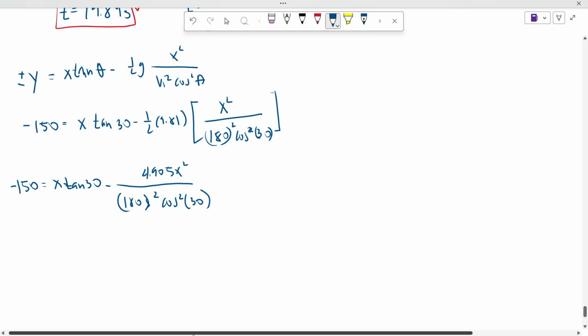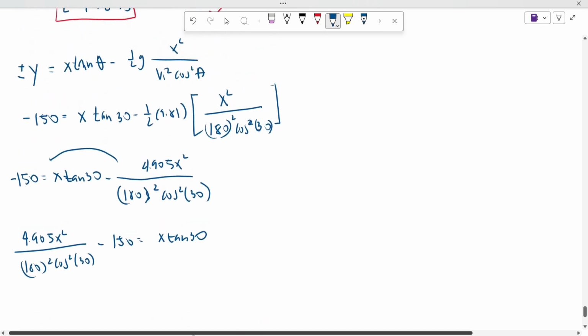To simplify pa to, guys, na mas madali, ang gagawin natin ay ilipat natin to sa kabila. So, magiging positive yan, guys, di ba? So, 4.905 x squared all over 180 squared cosine squared 30 minus 150. Gets?